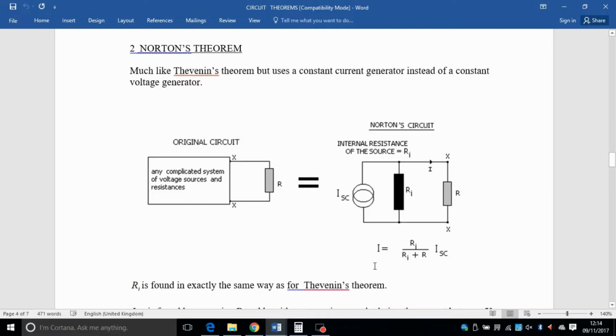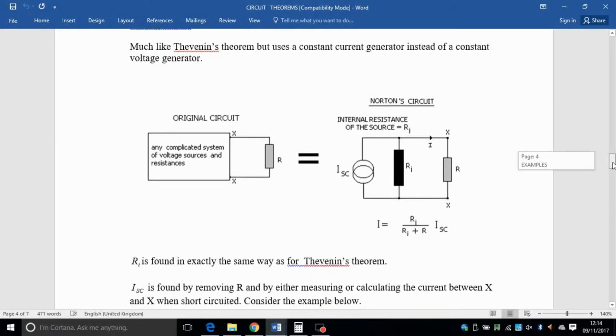To find that, we either take the load out, put a short circuit here with an ammeter connected, and measure it practically, or short circuit these 2 points and calculate how much current is going through that short circuit path. That will be your ISC, or short circuit current, for this system.